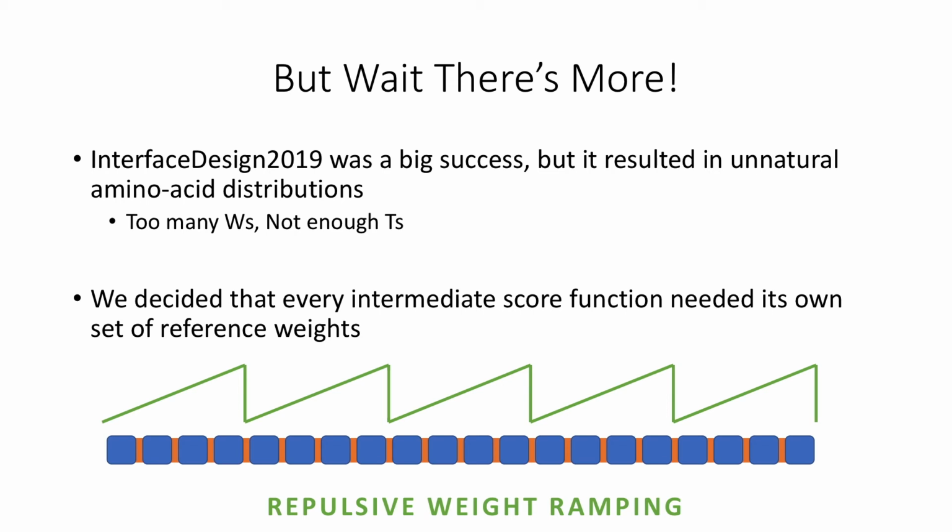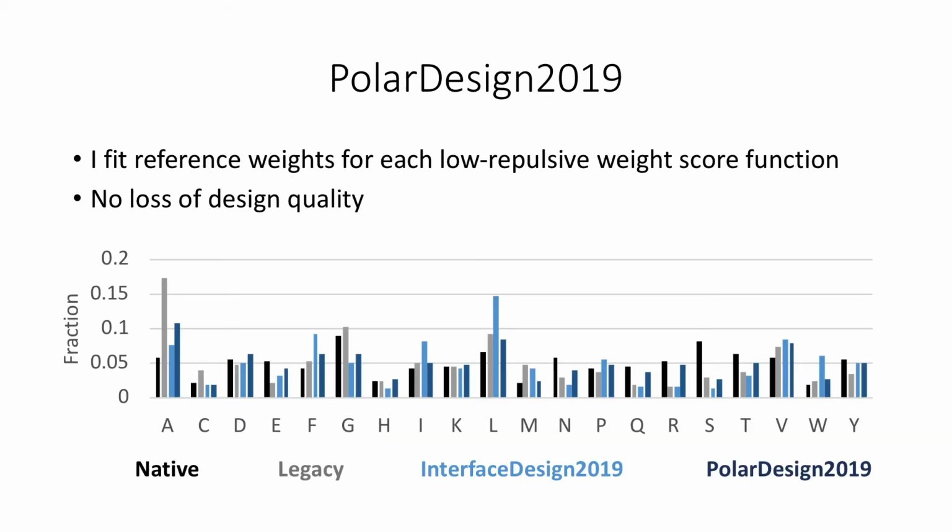So that's fixable. We created new reference weights for each intermediate phase of the score function that we use. And those new reference weights, when added to Interface Design 2019, we're calling Polar Design 2019.